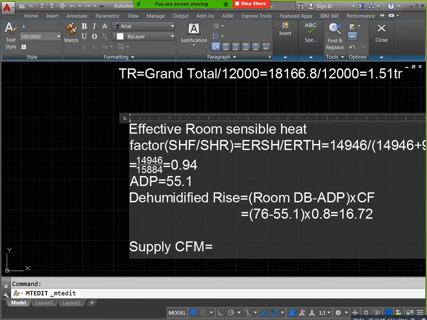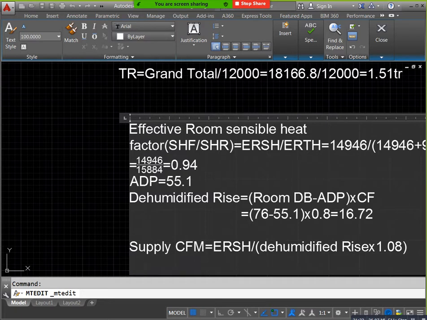Now you can go here, 14946 divided by dehumidifier rise, how much? 16.72. Now you can multiply with 1.08. How much are you getting? 18.05, now you can mention 18.06.